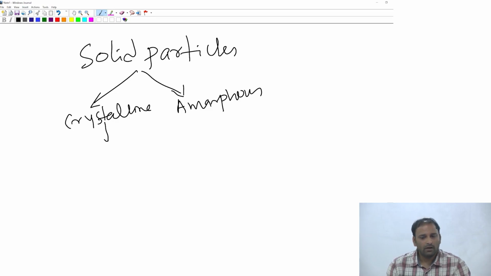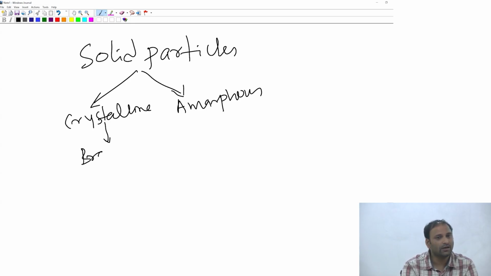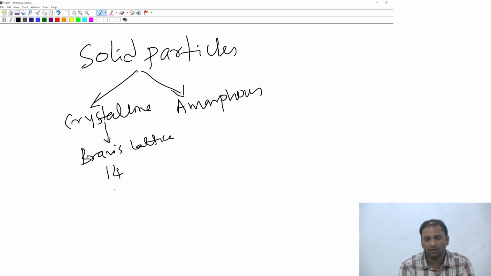All of you have done some basic material science, where you will know that crystalline material can exist in something called a Bravais lattice. Have you heard of this? There are 14 Bravais lattices: cubic, hexagonal, trigonal, monoclinic, and things like that.